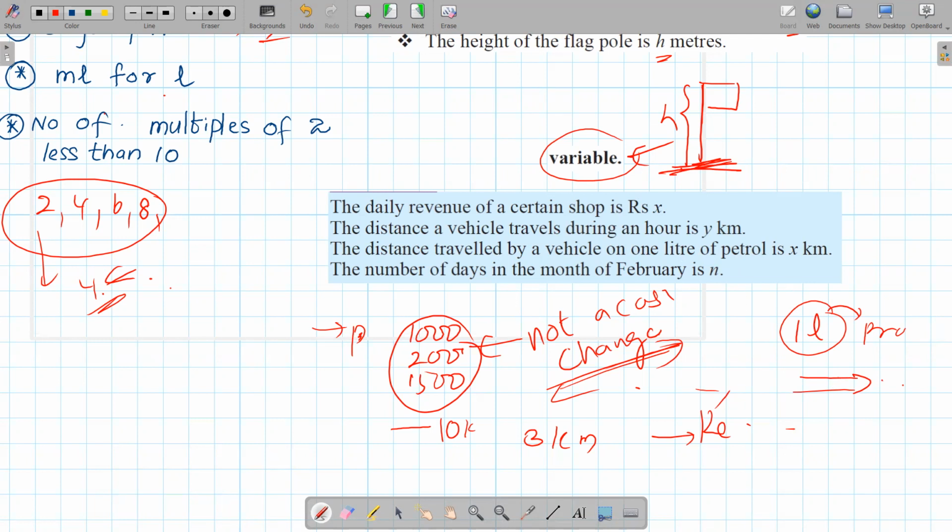So it will be changed. The number of days in the month of February is 28 or 29. You can take this as a variable because it is changed, sometimes 28, sometimes 29. It's not a constant. 29 is for the leap year.